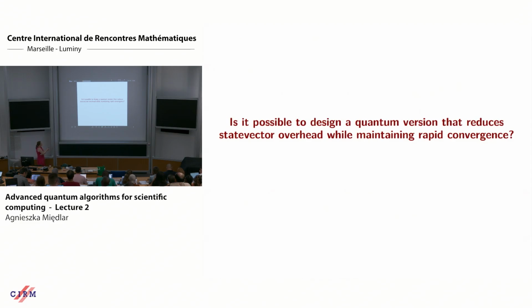People asked themselves, is it possible to design a quantum version of the classical Lanczos algorithm that reduces state vector overhead while maintaining the rapid convergence? So we want exponential convergence with respect to the size of the Krylov subspace that we know from the classical, but we don't want the exponential overhead of storing the vectors.